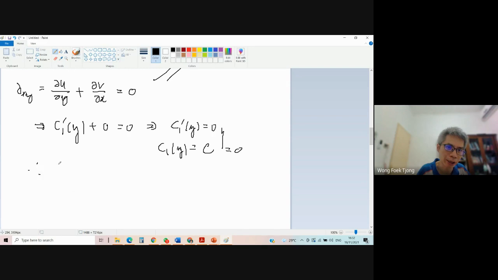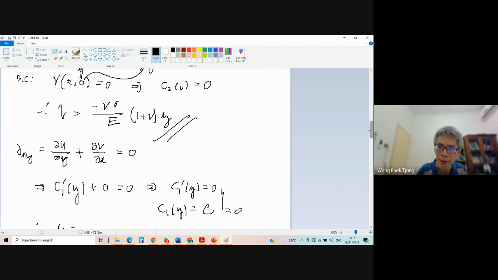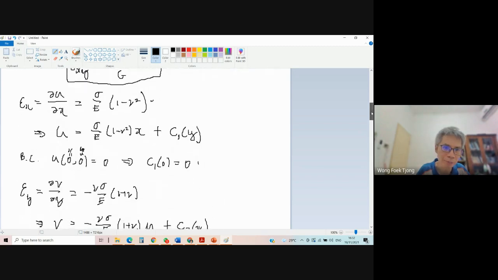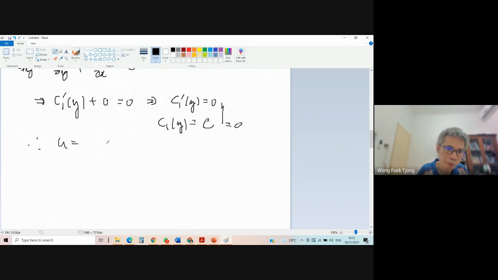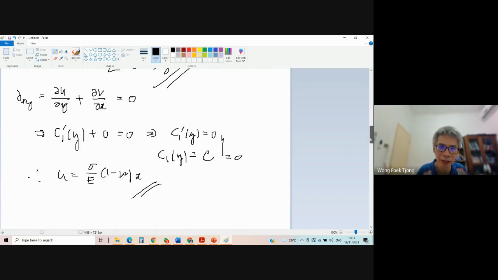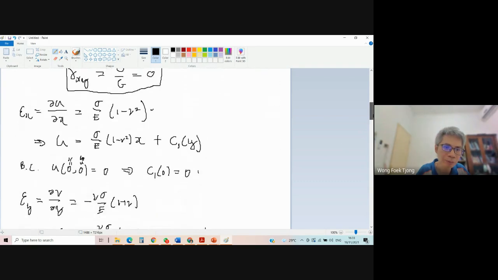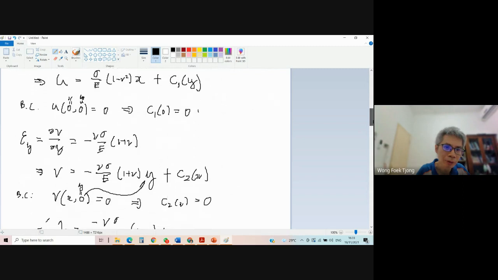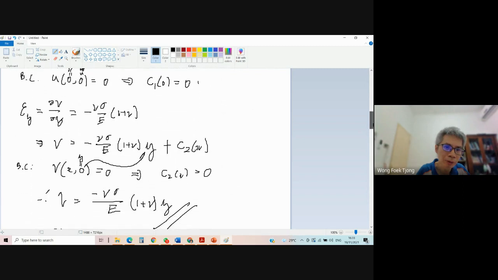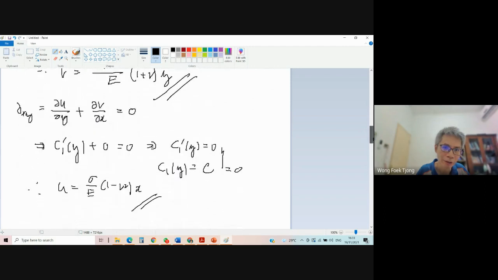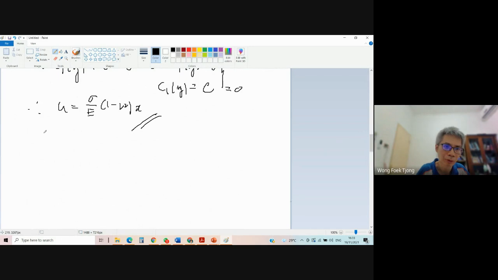So the answer for u is sigma over E, divided by E times (1 minus nu squared) x, without any constants. So that completes the answers. We obtain both u and v for this problem. Any questions? No question?